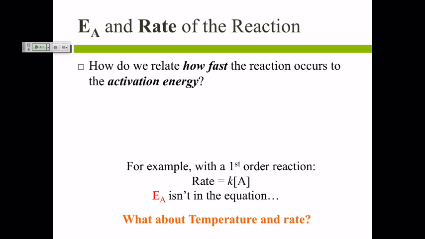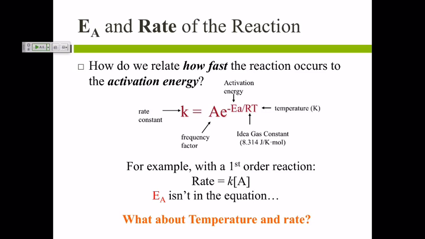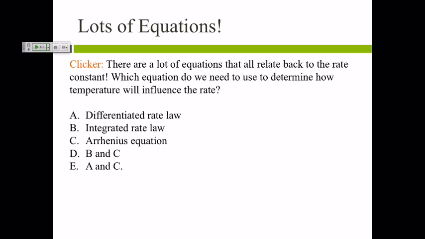So that's what we're going to be doing now, with the Arrhenius equation. Through the rate constant, the same rate constant we see in half-life, integrated rate law, differentiated rate law, in all of these equations, the way that rate constant is influenced by temperature is described by the Arrhenius equation. So let's mess around with this a little bit.